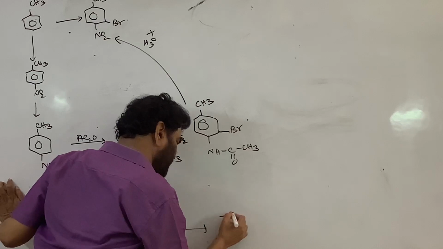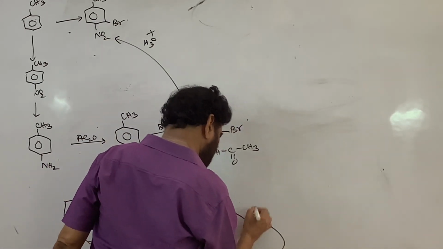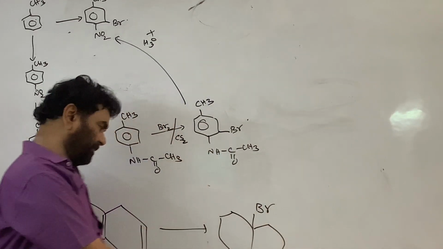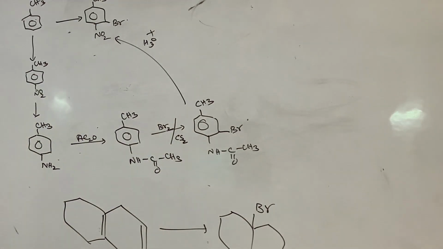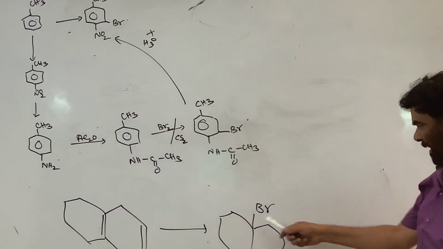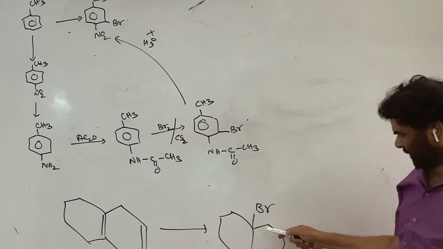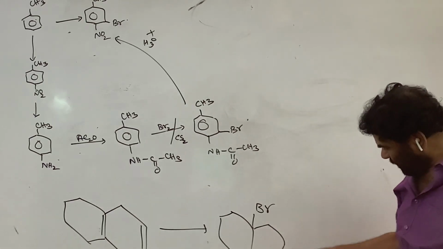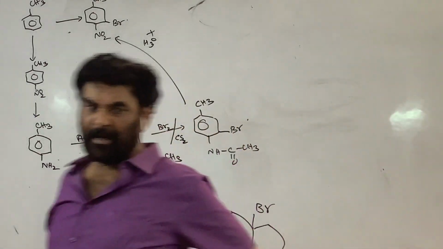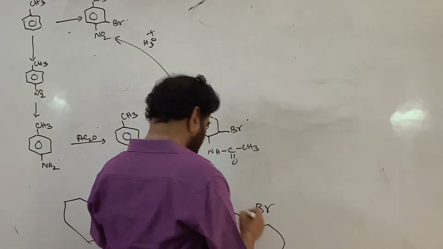It is asking to prepare the bromine, 1,6-dibromo bicyclo... how many carbons are there? 1 2 3 4, 1 2 3 4, bicyclodecane. Now what to do?